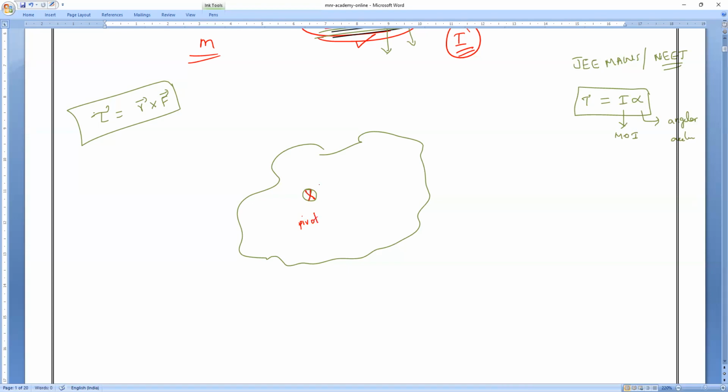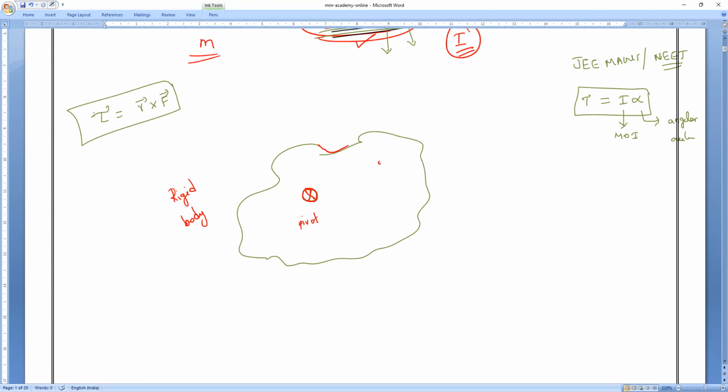I taught you this yesterday also. I am choosing a rigid body pivoted at this point, so the whole body rotates about this axis of rotation.